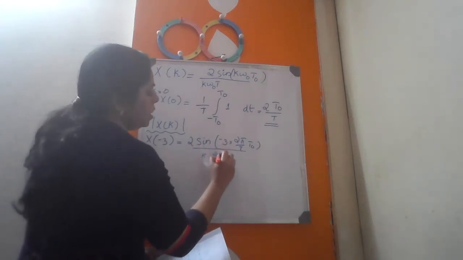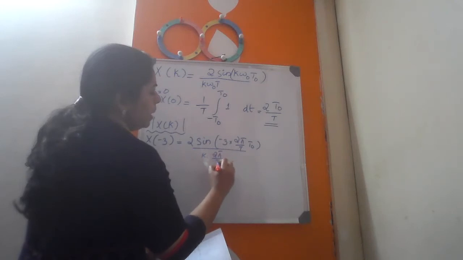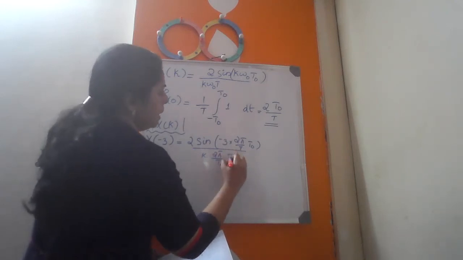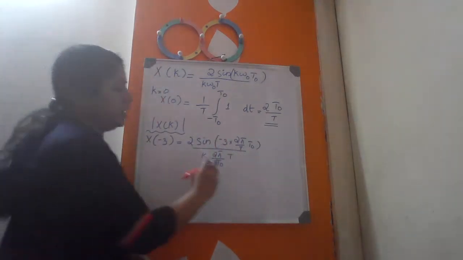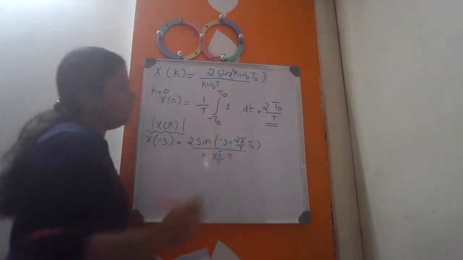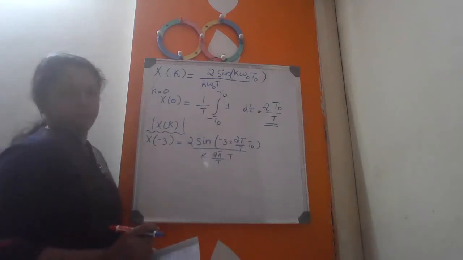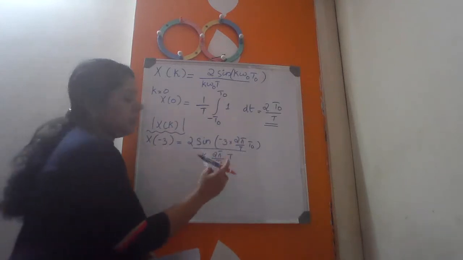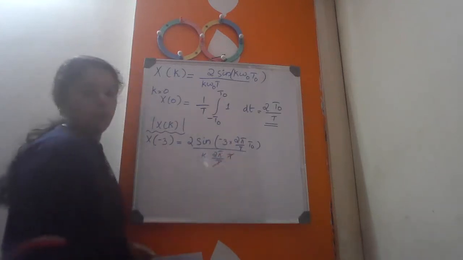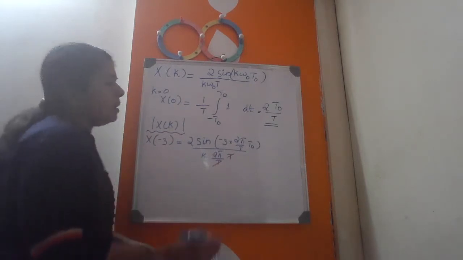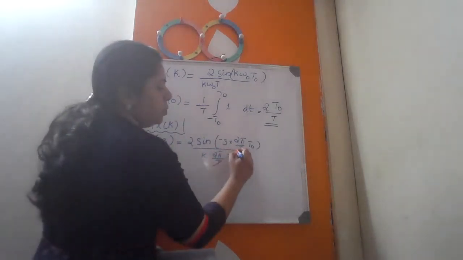Omega naught value is 2 pi by T multiplied by T naught. So this T and this T will get cancelled.